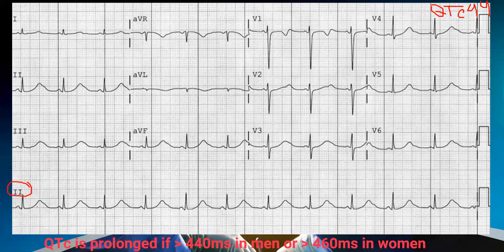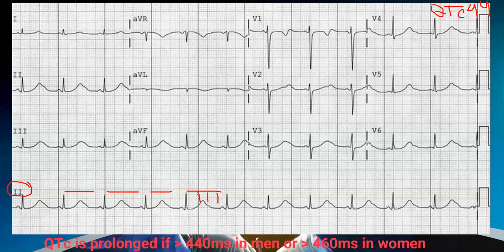In lead 2, what I will see first is the RR interval, right? These are the RR intervals, and the RR interval looks good, like 1, 2, 3, 4. There are 4 large squares, right? Measuring heart rate is very easy just by remembering this formula.